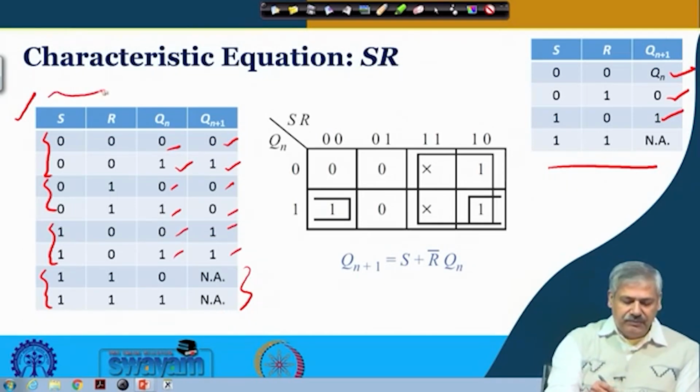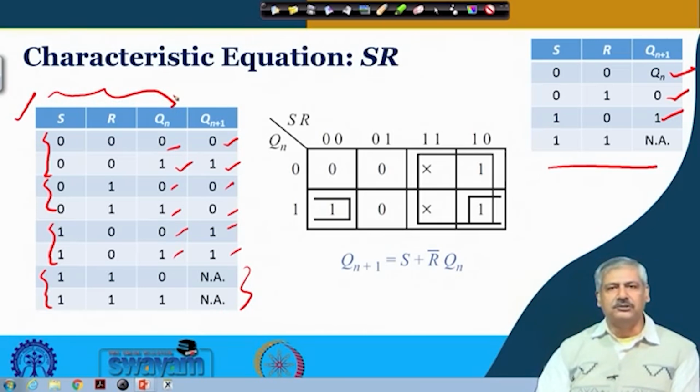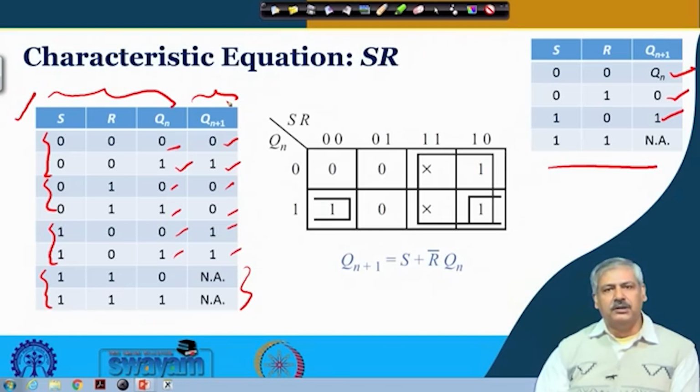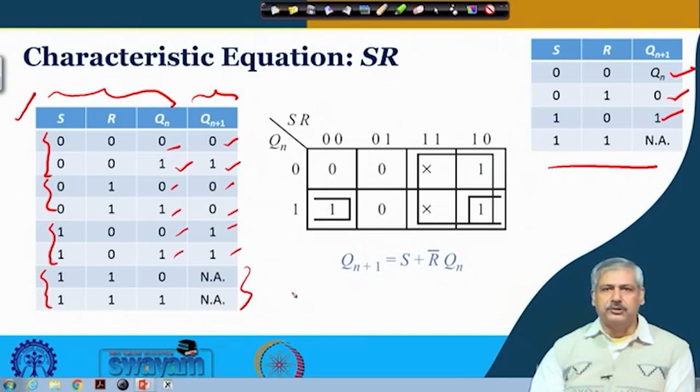This is the current value based on which the next one is obtained. So, we form a Karnaugh map, or any other minimization technique is also useful.